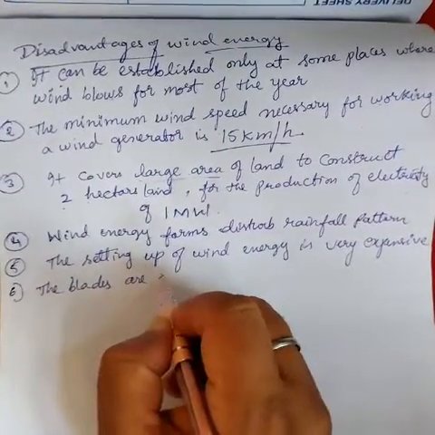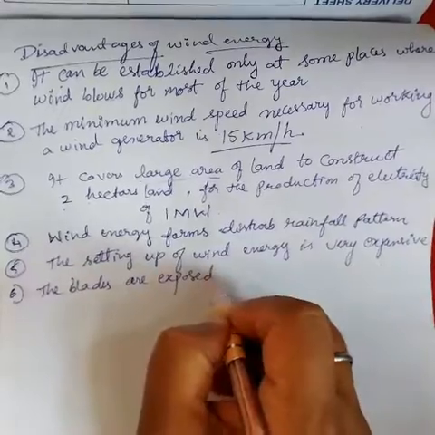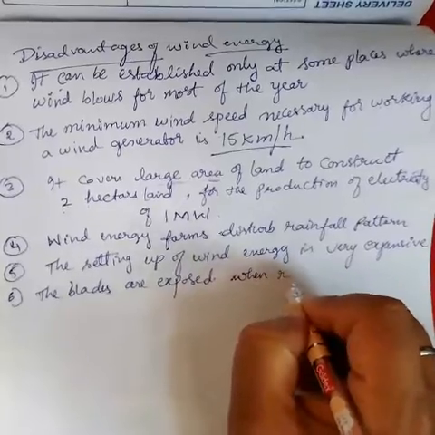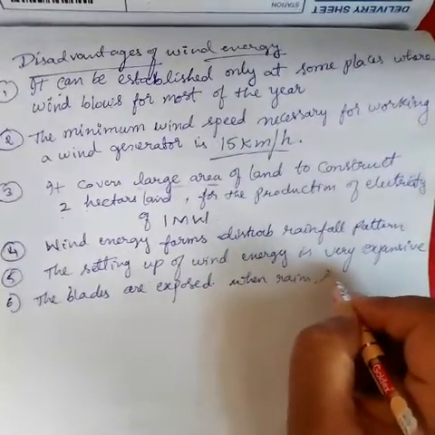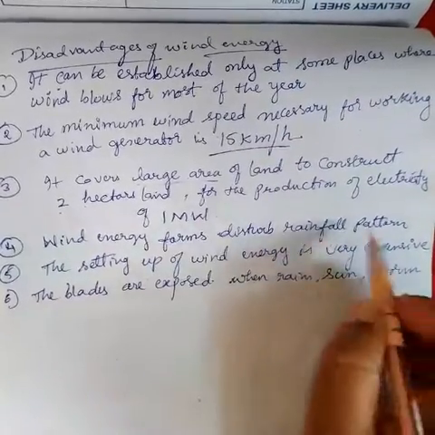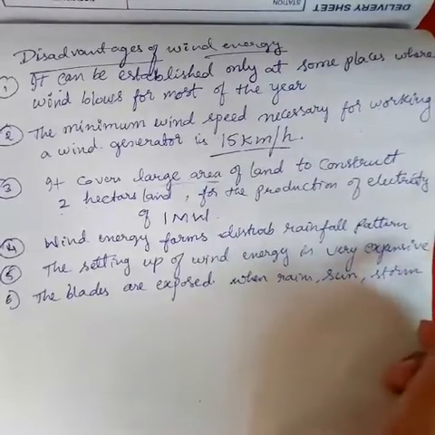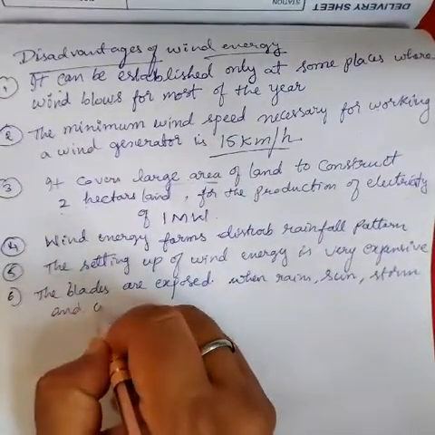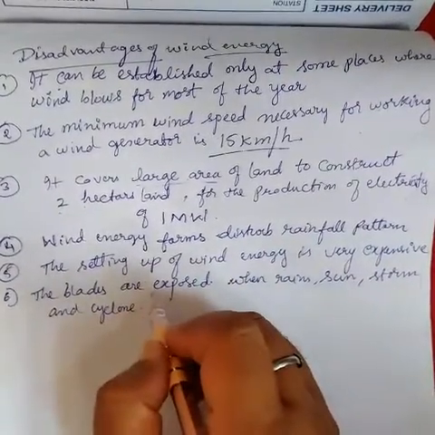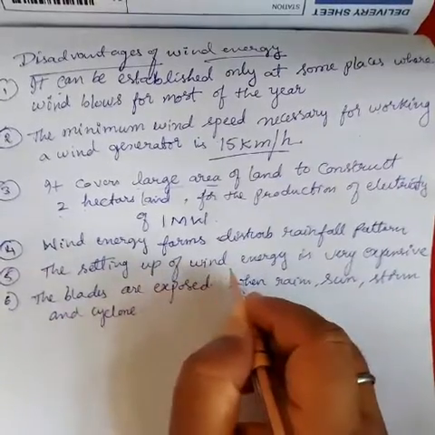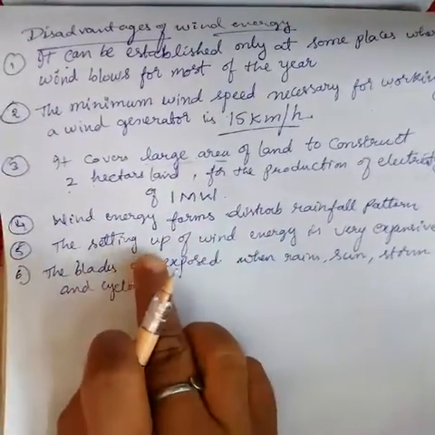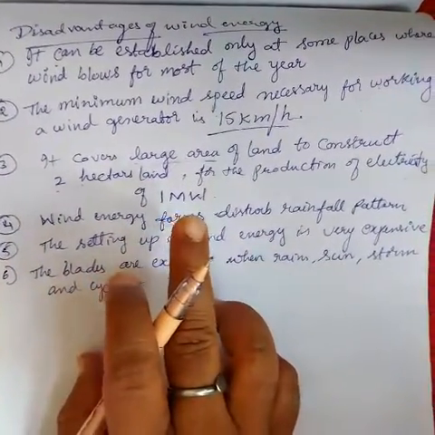When exposed to rain, the sun's strong heating and sudden cooling, and storms and cyclones, the blades get damaged, and they need a level of maintenance. This is another disadvantage of wind energy.